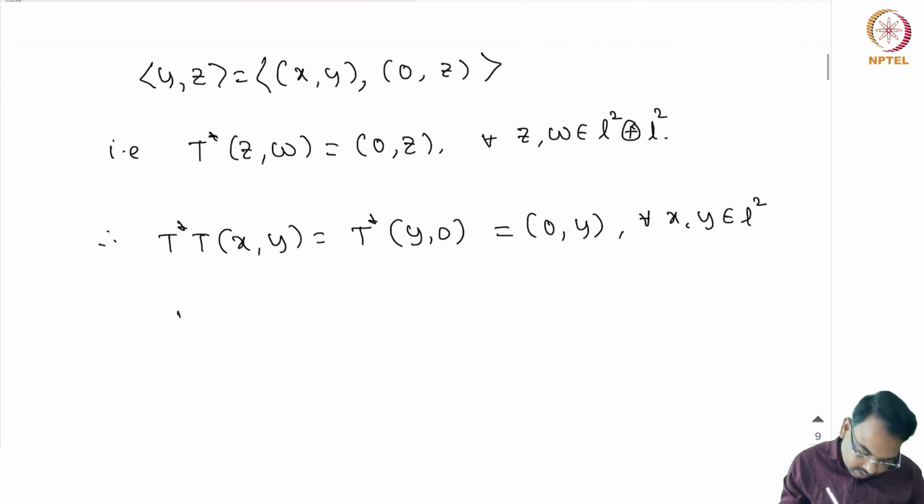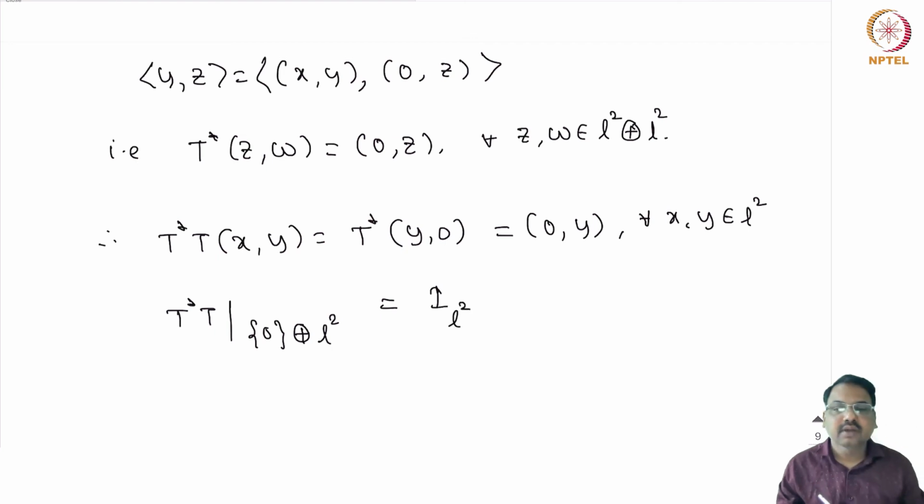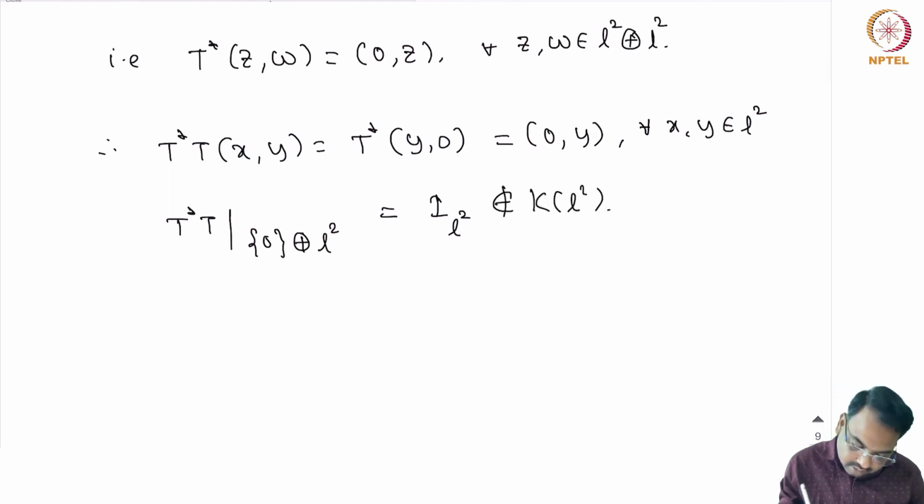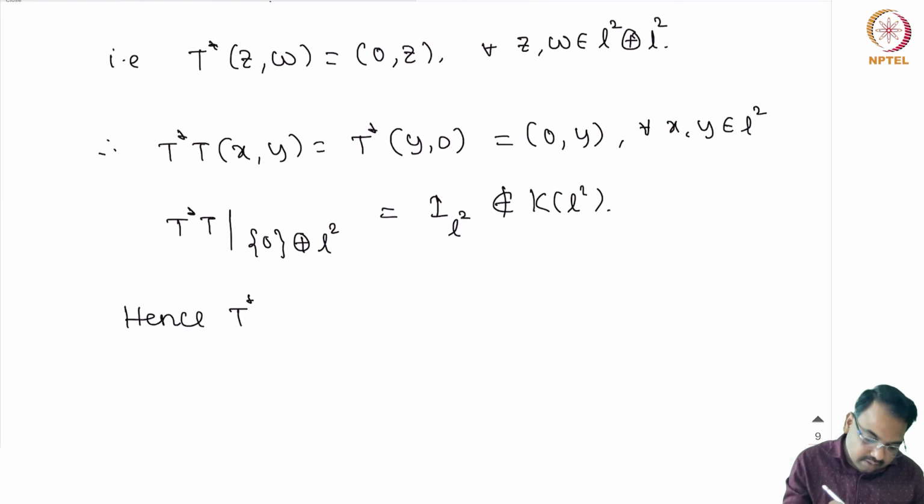So T star T restricted to the space 0 direct sum L2 is exactly the identity operator on L2. You know that on an infinite dimensional space, the identity operator cannot be compact. So T star T is not compact, hence we can say that T is not compact.